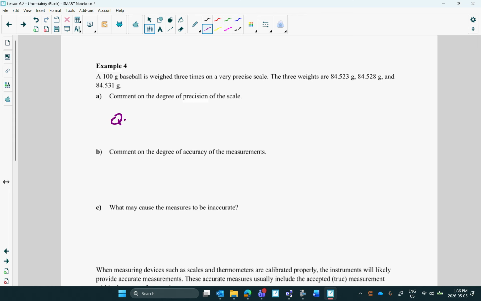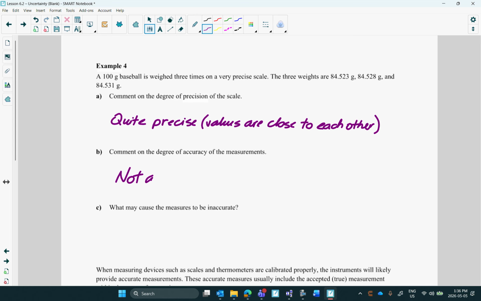So it's quite precise because those measured values are very close to each other. But not precise, or sorry, not accurate.